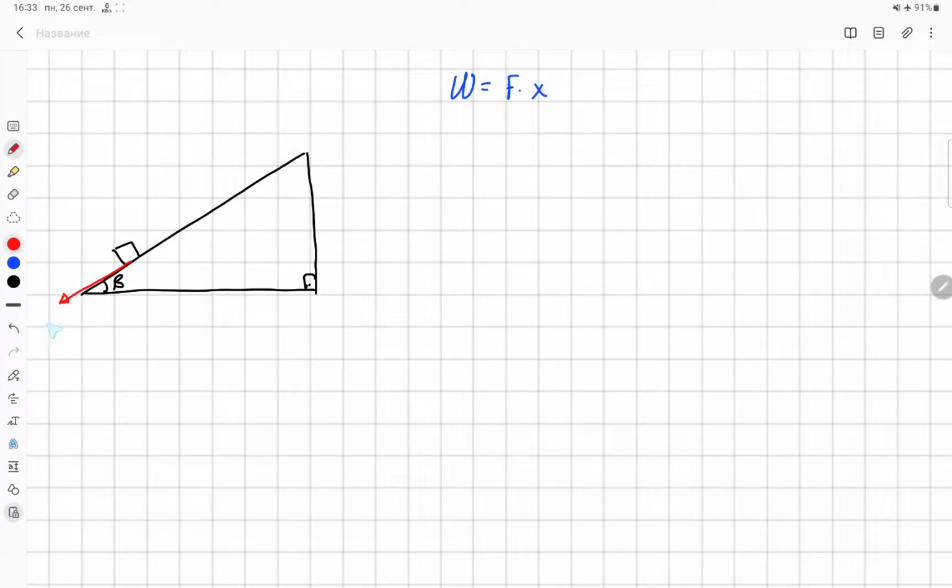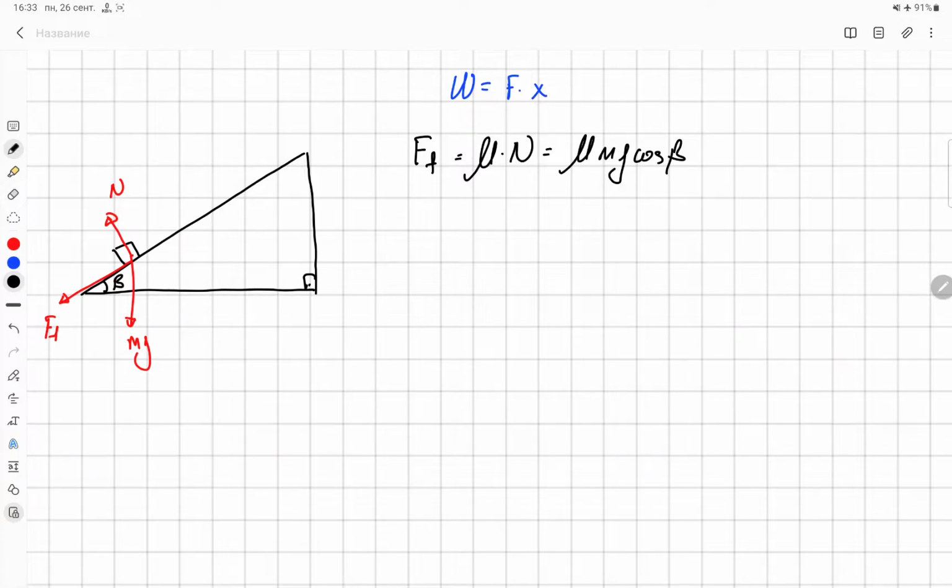Let's call it Ff, and this friction force equal to, since it's moving, friction force already reached its maximum value. It means we can use this one, coefficient of friction times normal force, and this normal force equal to mg cosine beta. This part is very important, very simple.